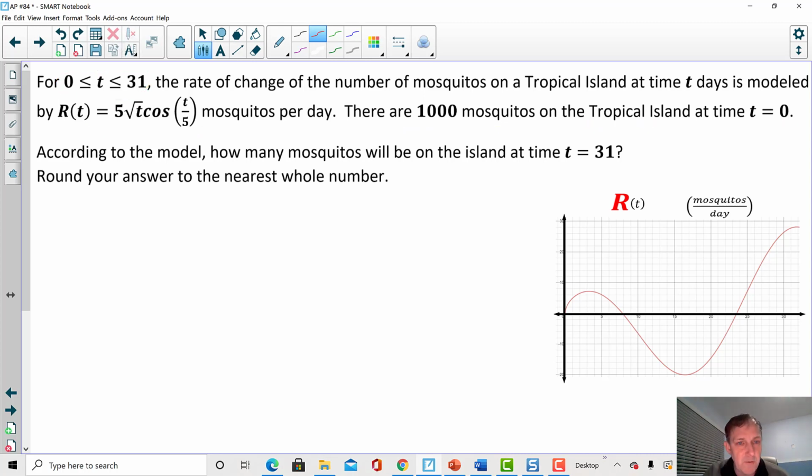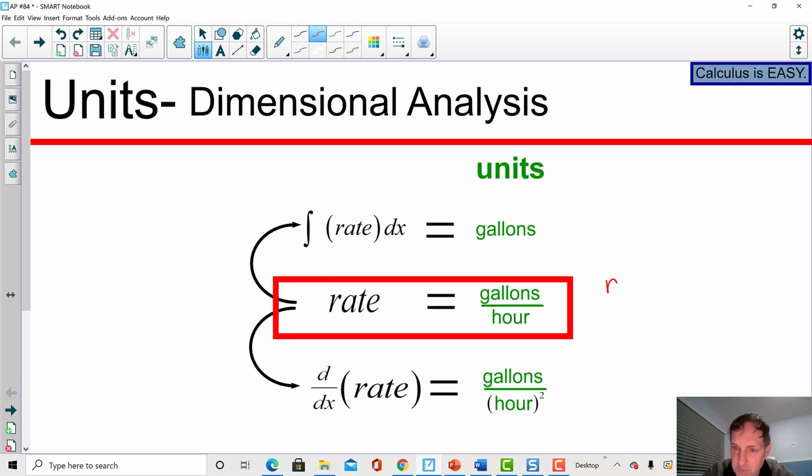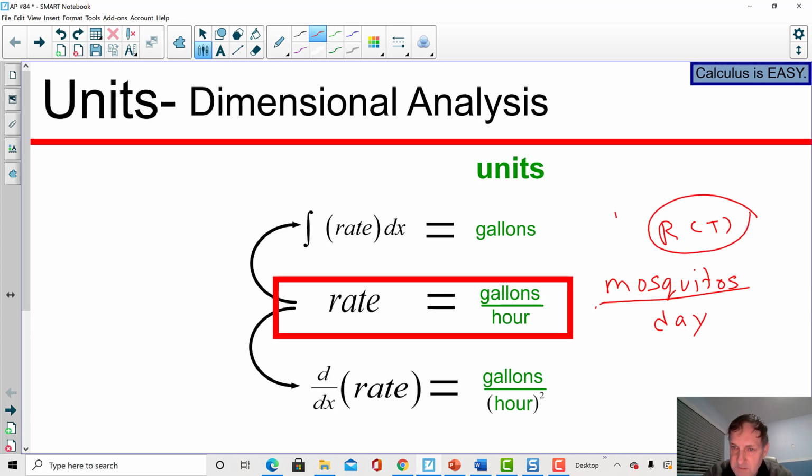Here it says, according to the model, how many mosquitoes will be on the island at time t equals 31 days? Well, here's our r of t function. Notice that the units are mosquitoes per day. And our very first slide said that if the units were mosquitoes per day for our r of t function, then if we did the integral of that r of t function, our answer would just be mosquitoes.